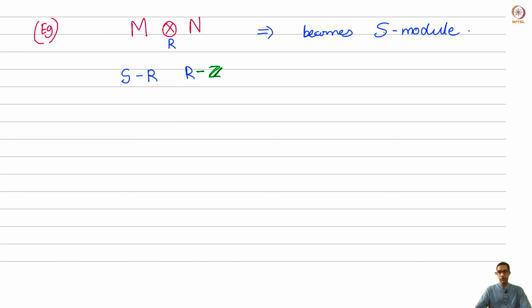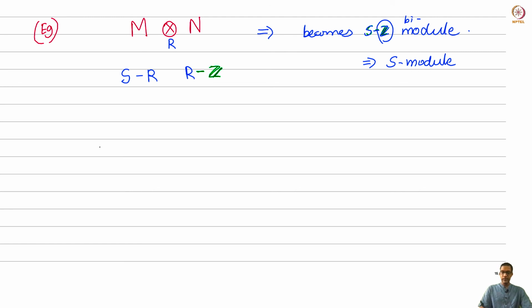Therefore, by what we have already said, the tensor product becomes an SZ bimodule. But having a Z as one or the other component doesn't add anything extra to the structure. You already knew that your module, the underlying thing, was an abelian group, a Z module. That's the same Z module structure you are talking about. So the final answer is an SZ bimodule, but the Z doesn't add any additional information, so that's just the same as an S module.